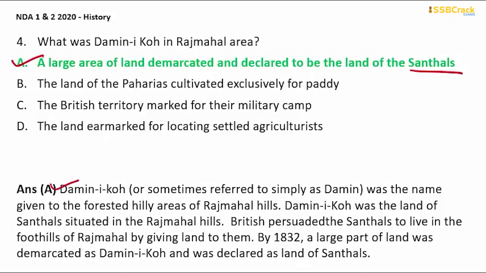Damin-i-Koh was a name given to the forested hilly areas of the Rajmahal Hills in the Jharkhand state. It was the land of Santhals, and the Britishers persuaded the Santhals to live in the foothills of Rajmahal by giving them that land. In 1832, a large part of land was demarcated as Damin-i-Koh and declared as the land of Santhals.